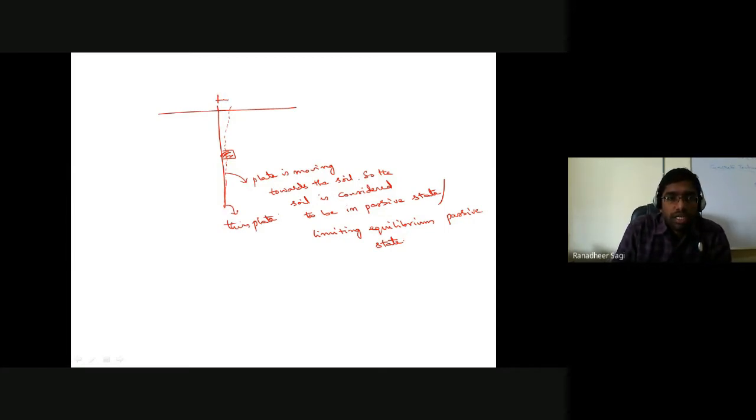And once again, this displacement we are going to indicate as delta. Now, what is going to be this delta value?